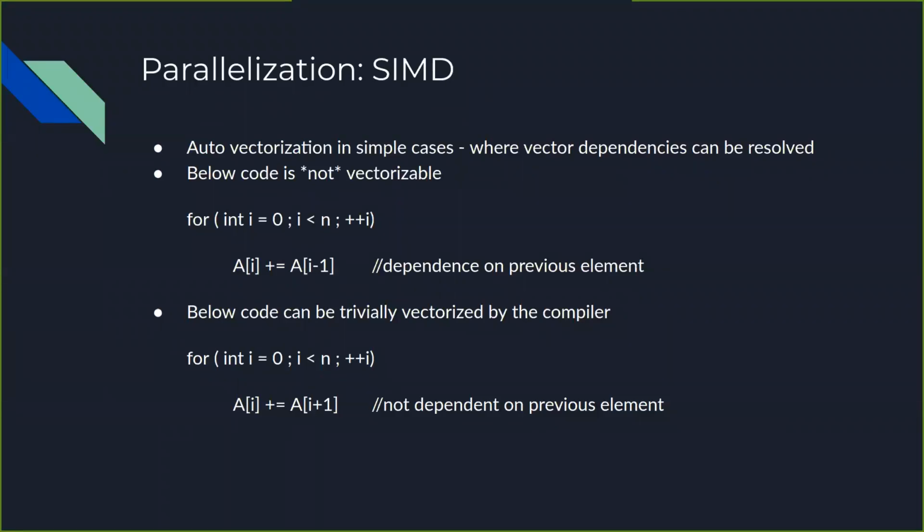So in the first example, your code is dependent on the previous element, and this is essentially a non-vectorizable operation. This is a trivially vectorizable operation. The compiler is smart enough to figure out that there is no data dependence in the vector itself, so it will go ahead and vectorize.